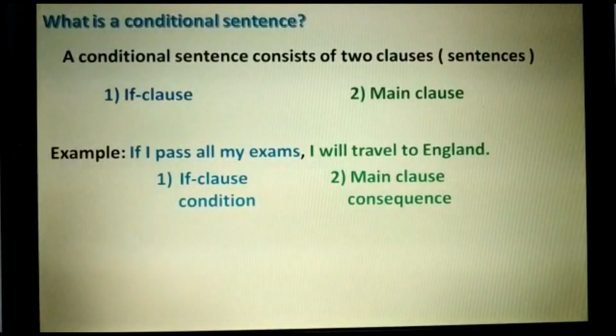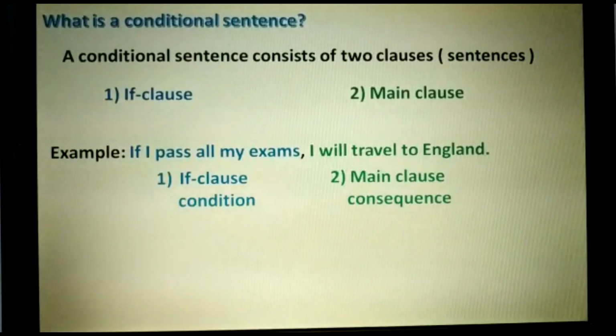As you can see, between the if clause and the main clause there is a punctuation mark called a comma. It is very significant because it tells us that the meaning of the if clause is not complete, but it makes sense when we add the main clause to make a meaningful sentence.